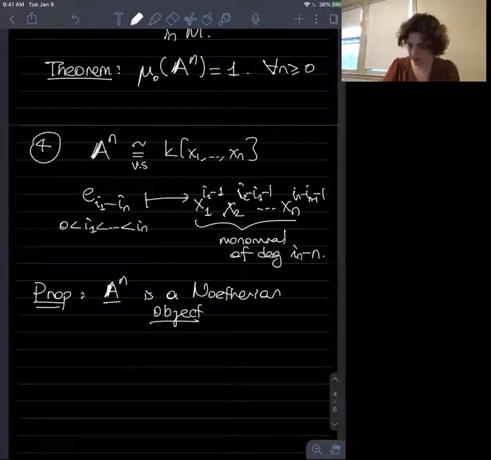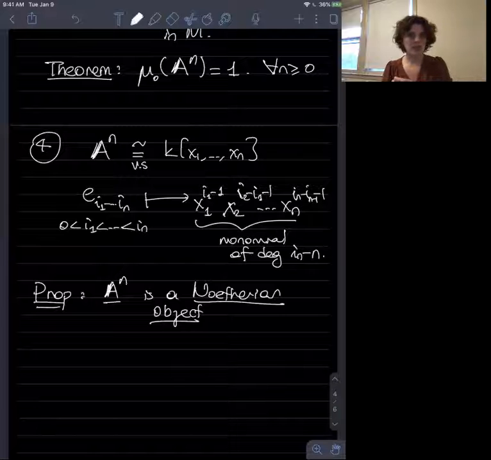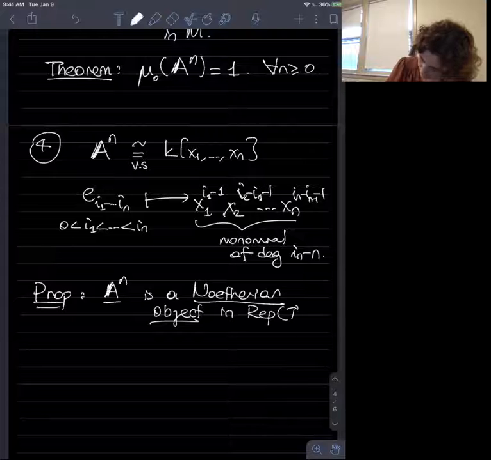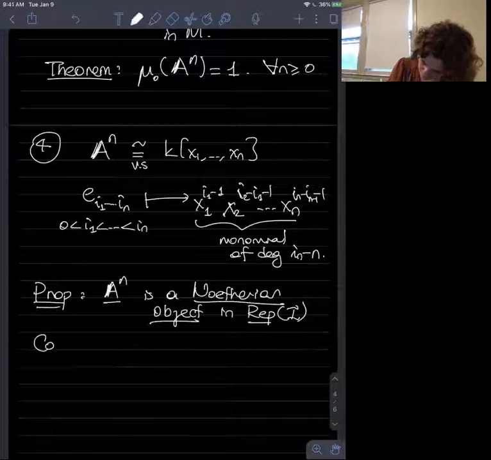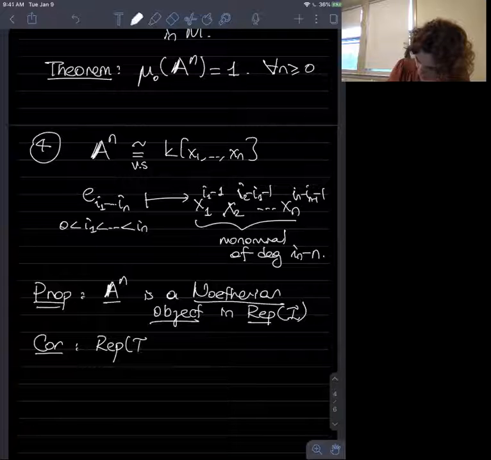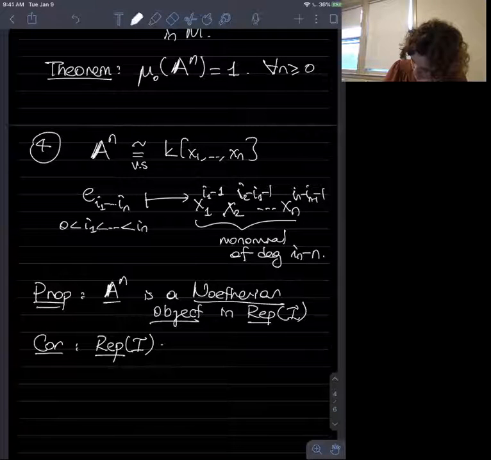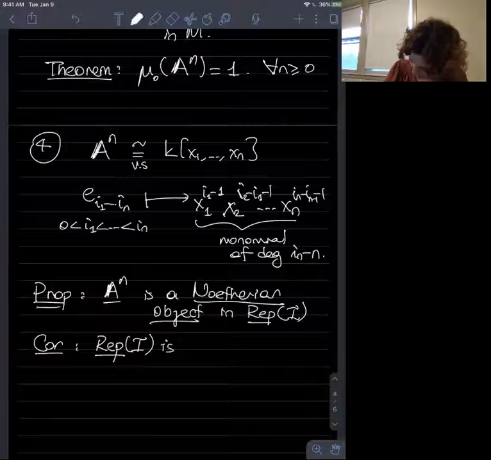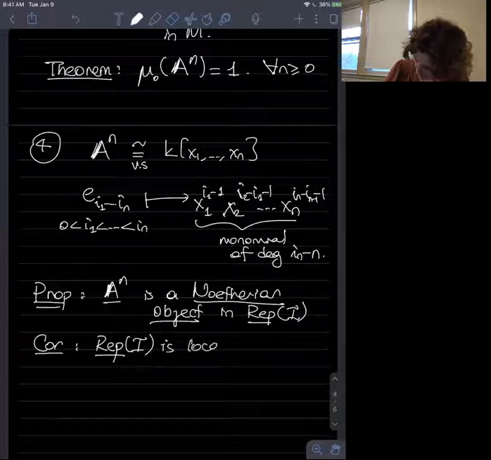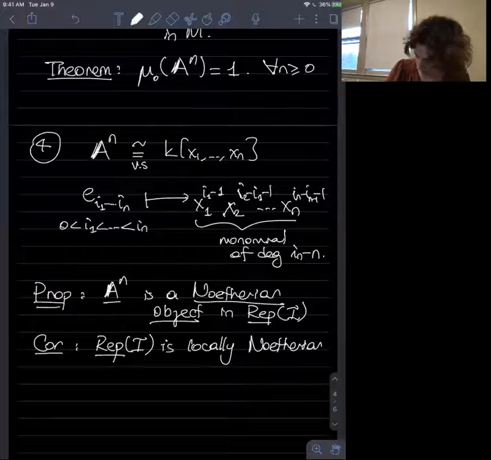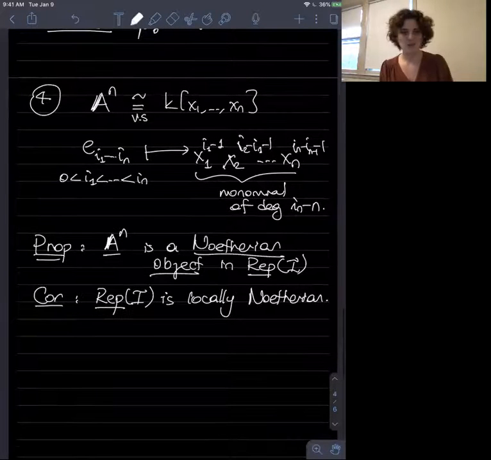Whenever you have an ascending chain of submodules, it will stabilize in this category. And this gives us the following result: we have this locally Noetherian property for this representation category. Locally Noetherian.